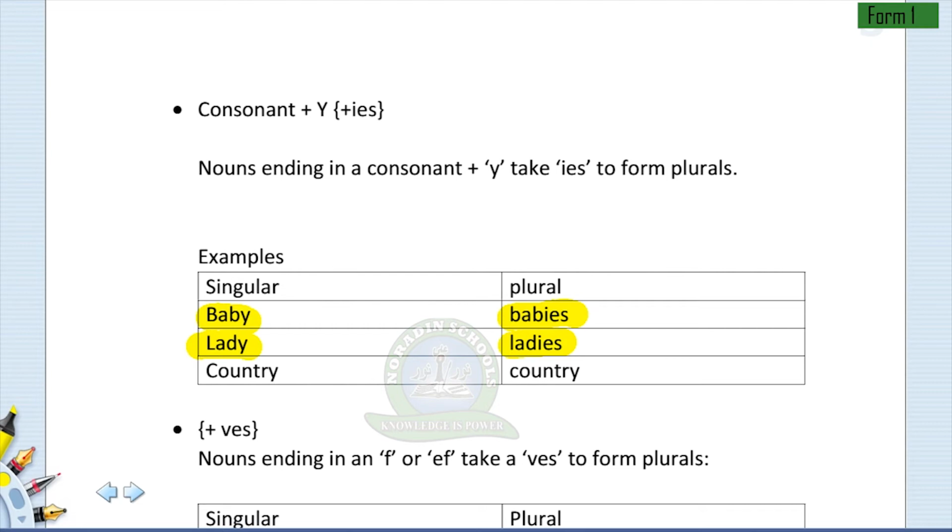Country, this word ends with y preceded by r. So it becomes countries. We change y to i and we add es.